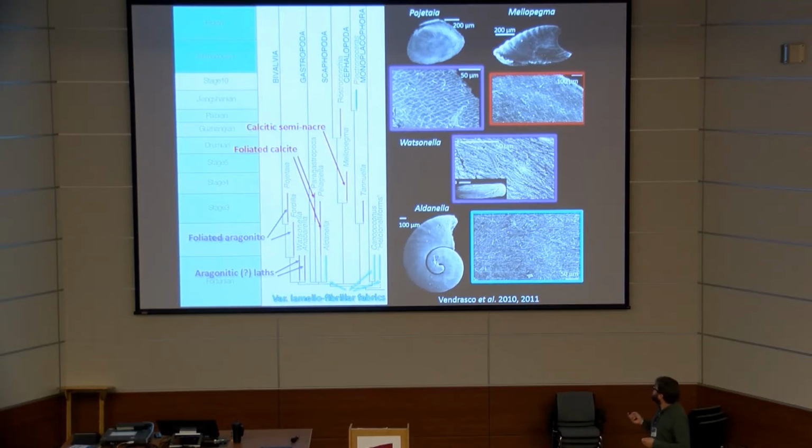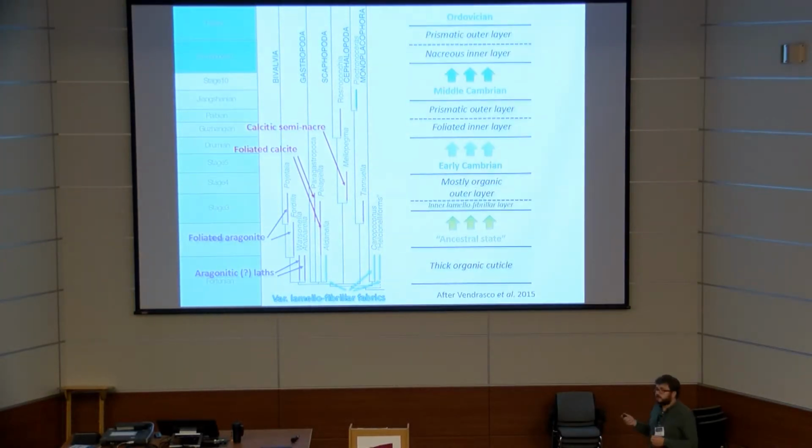So this led Vendrasco and colleagues to build this model for multiple independent origins of molluscan skeletons. So we start off with they inherit from an ancestor this thick organic scaffold, and then in the early Cambrian we get mineralization of the inner layer with these lamellifibrillar fabrics, and then the acquisition of foliated and prismatic textures, and ultimately the acquisition of nacre.